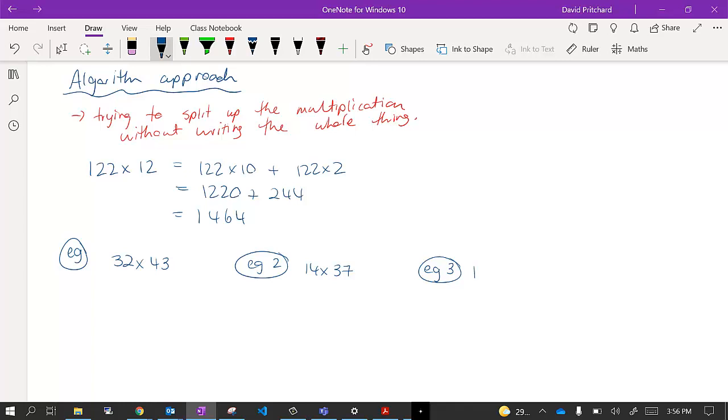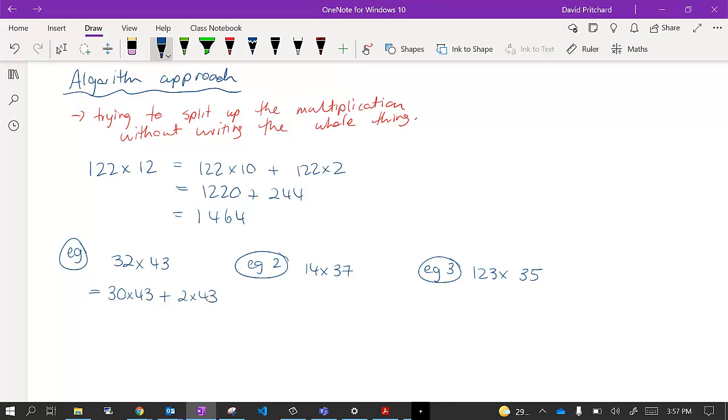Let's look at 123 multiplied by 35. All right, so first one. What's the easiest two multiplications to break it down into? We could probably say 30 by 43 and 2 by 43.